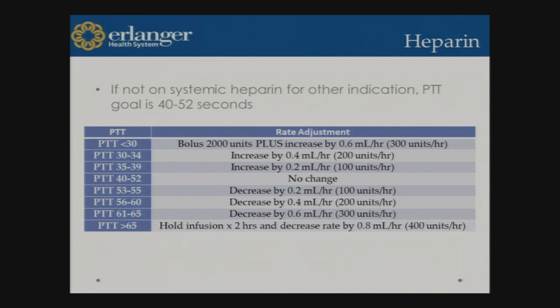And so there are times when you're going to see somebody on this heparin syringe that would also be on sub-Q heparin for DVT prophylaxis, and that is okay, because we don't really know at what PTT level a patient is adequately prophylaxed for DVTs. So if you do come across that situation, that is okay. That would not be considered a duplicate in therapy. I know we talk a lot about duplicate anticoagulants, but this is going to be one of those times where it would not be inappropriate.